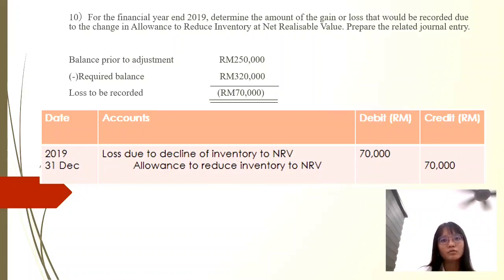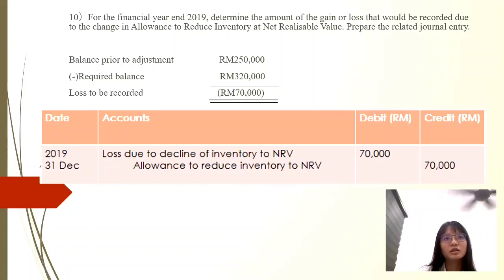Now we are going to calculate the gain or loss due to the change in allowance to reduce inventory to net realizable value. We take the balance prior to adjustment, that is 250,000, and minus the required balance, that is 320,000.